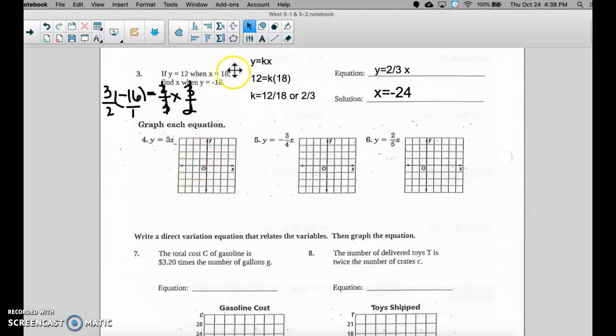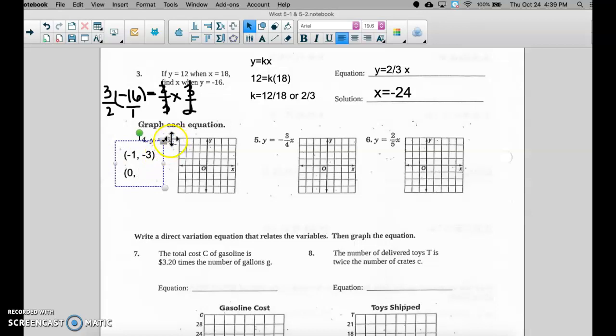Down here when we're graphing equations, I gave two methods. The first one is plugging in points. When I plug in negative 1 for x, I get negative 1 times 3. So the output for y is going to be negative 3. When I plug in 0 for x, I get 3 times 0 is 0.